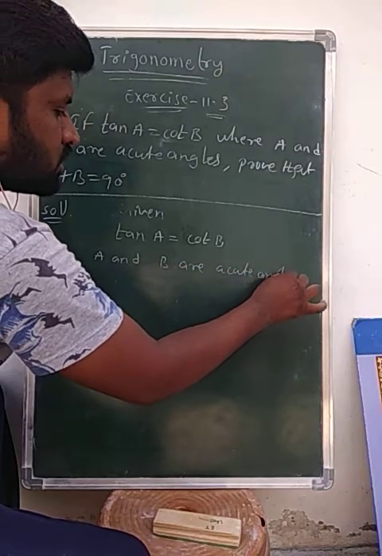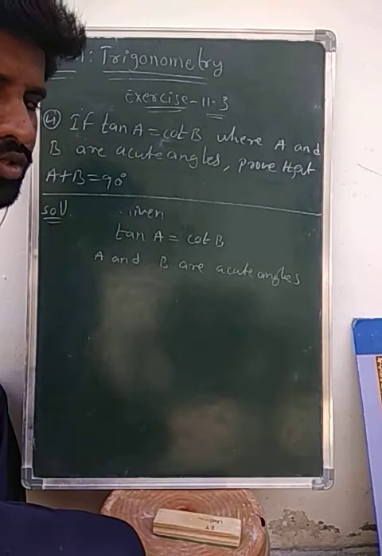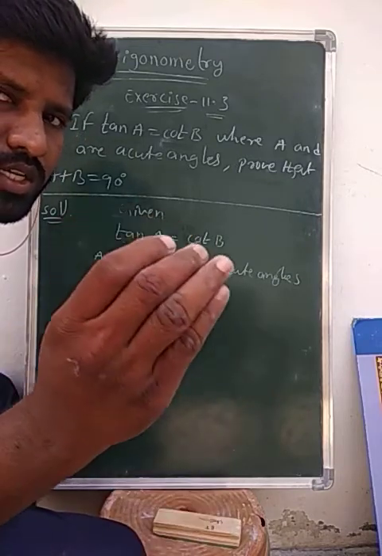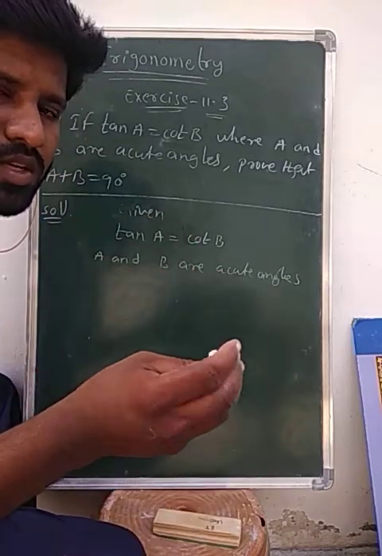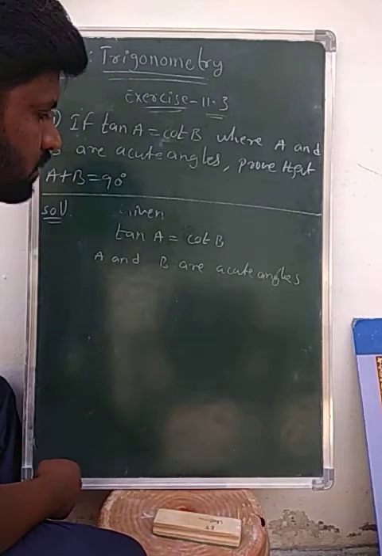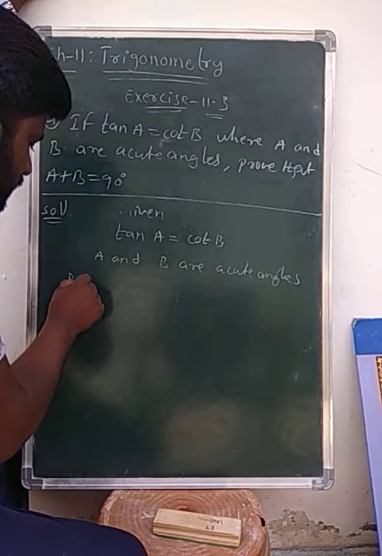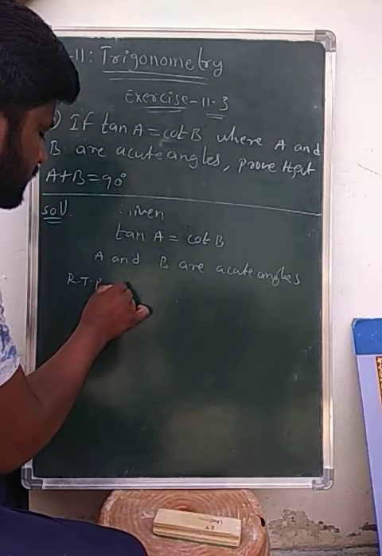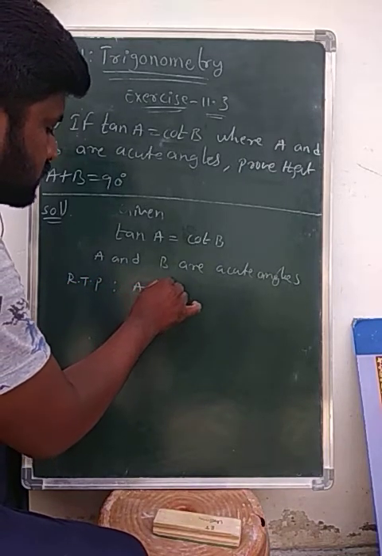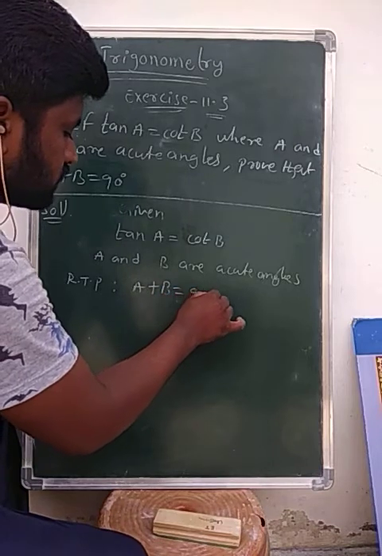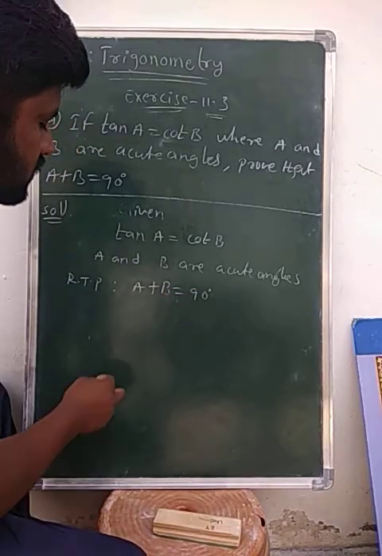Acute angles means the angles whose measure is above 0 degrees and below 90 degrees, between 0 and 90. What is the required RTP? What we have to prove is that A plus B is equal to 90 degrees.